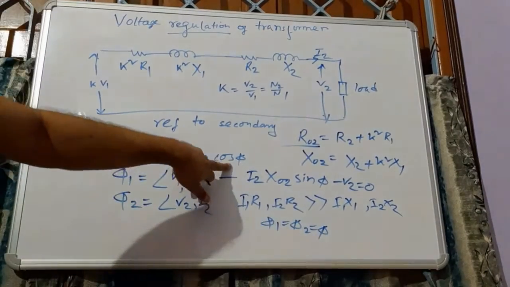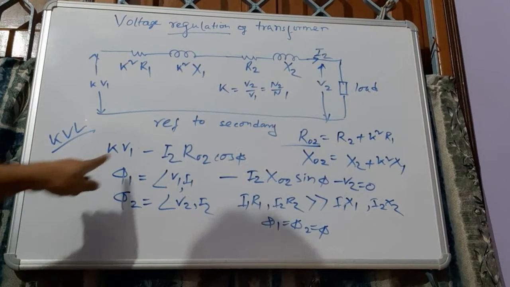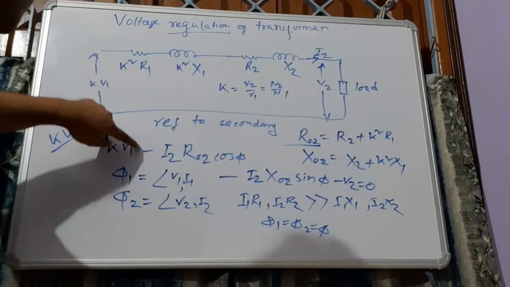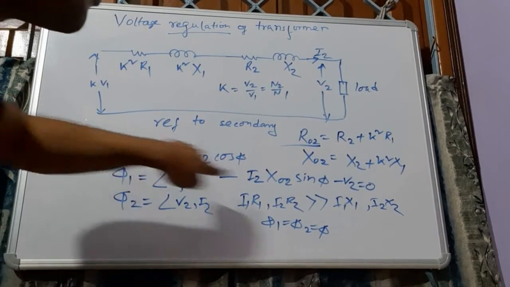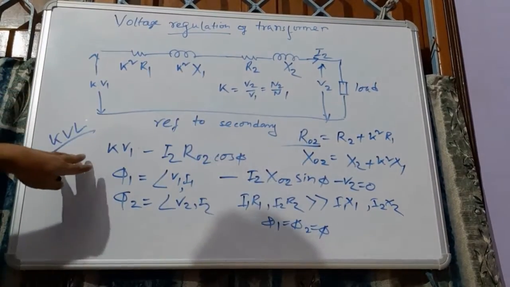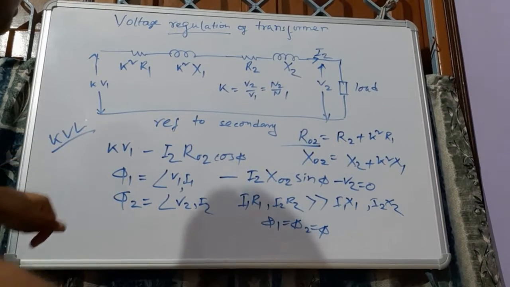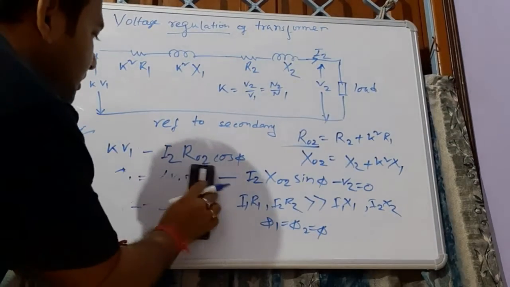So this is the phi. Now if we see KV1 minus V2, this will be our no load minus full load voltage, right? So we are erasing this.